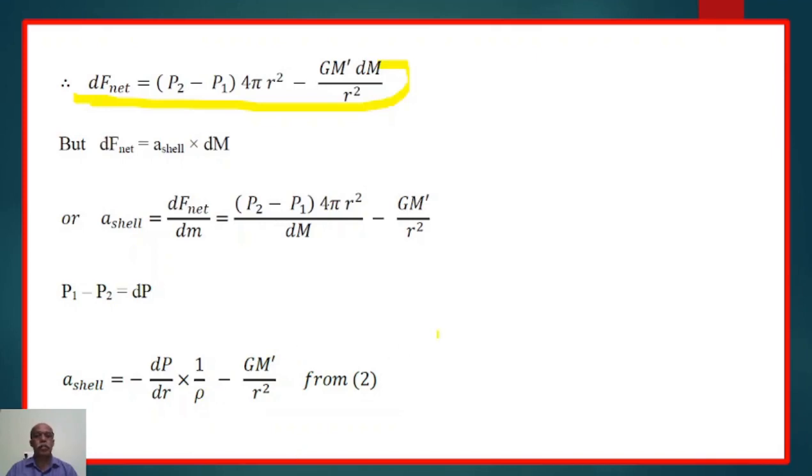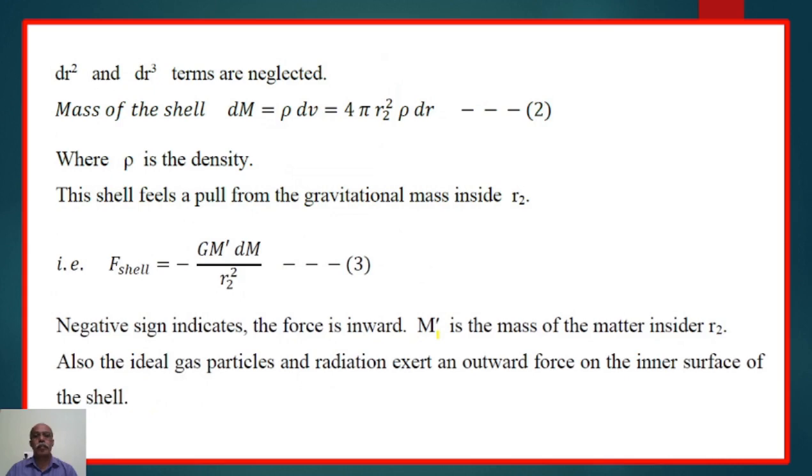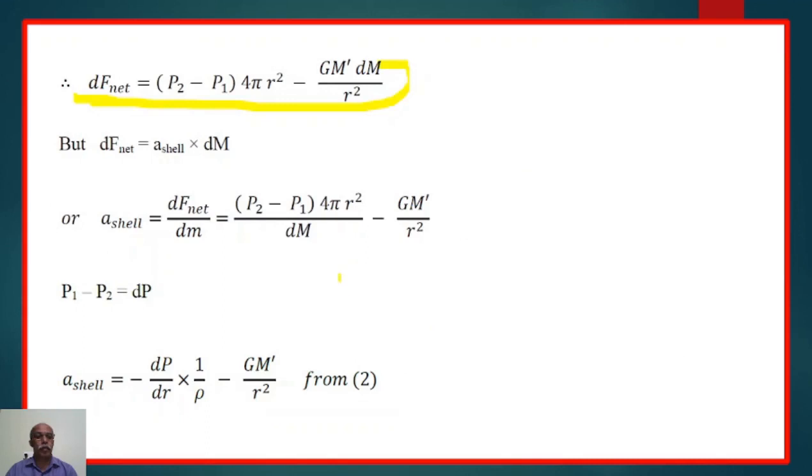This is from equation 2, and here we have equation 2. You can see here dm by dr is equal to 4 pi r2 square rho.